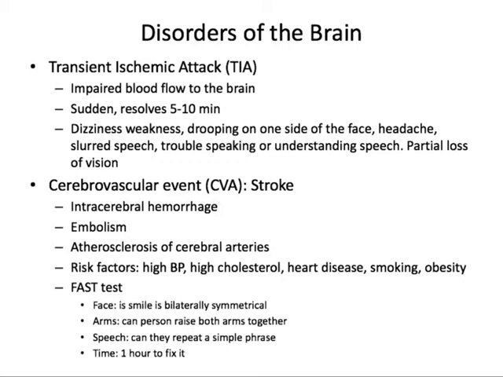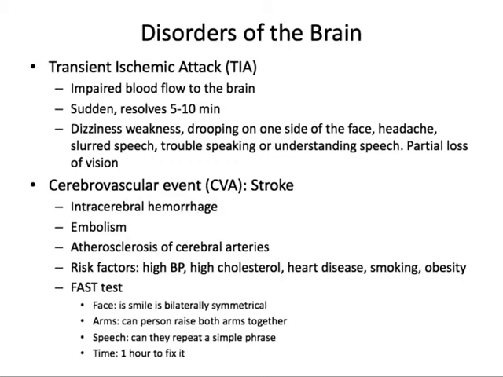The next one on here is CVA, or cerebrovascular accident. So this is an event that involves both the cerebrum and the vascular system, which would be your blood vessels. And this can be caused by a number of different things. You can have intracerebral hemorrhage, where the blood vessels burst and actually bleed out into the brain.